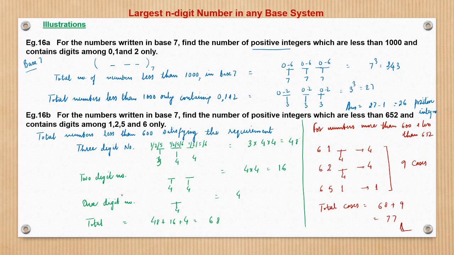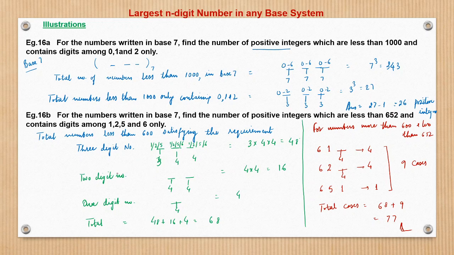We get the answer. Here we have to see the difference between the two parts. In the first question, all the 3-digit numbers could be taken because it was less than 1000, so we could directly use the relation where each digit takes the respective choices, 0 1 2 and so on, and thereby get the answer. But here, the third place digit can take a maximum of 6, and the numbers have to contain only 1, 2, 5 and 6.